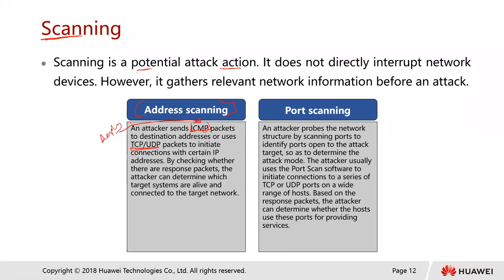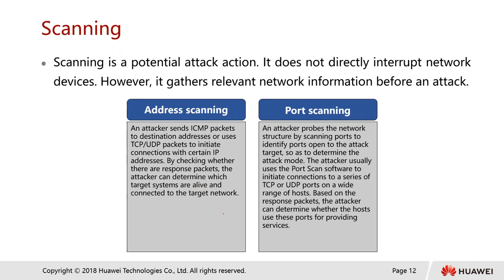You're expecting a reply that the host is either reachable or unreachable, right? So they use either TCP or UDP packets to initiate connections with certain IP addresses. By checking whether there are response packets, the attacker can determine which target systems are alive.